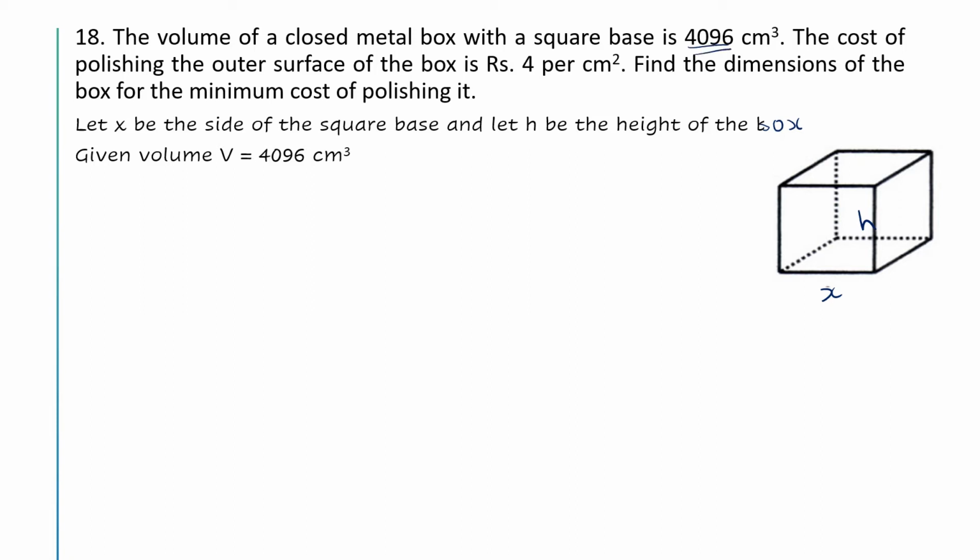So we know that the volume V is nothing but x square into h is equal to 4096, or from this we have h is equal to 4096 divided by x square. Now we have to find the dimensions of the box for minimum cost of polishing it.